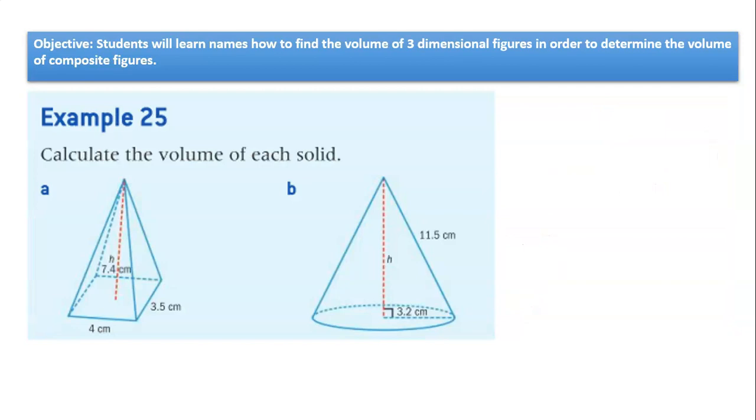For part A, we're trying to find the volume of a pyramid. When it comes to a pyramid, the volume formula is 1/3 times the base area times the height.